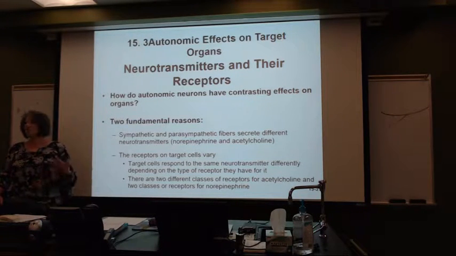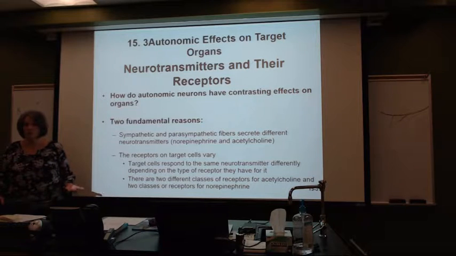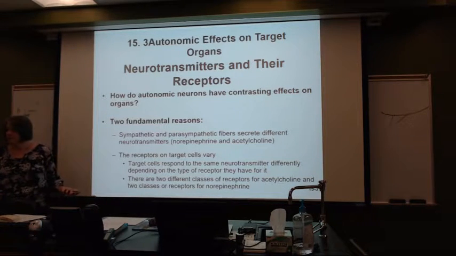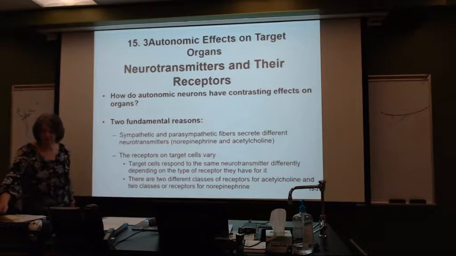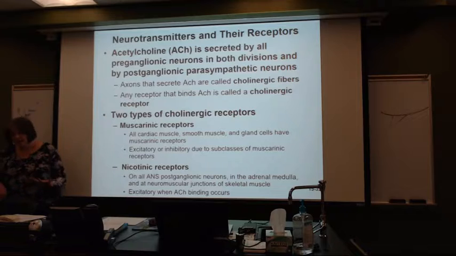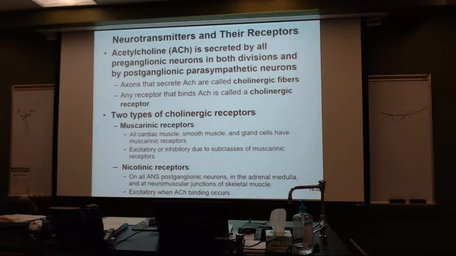The receptor determines what's going to happen in that tissue, that cell. So the role of these neurotransmitters is going to be huge in determining, is it excitatory or inhibitory?